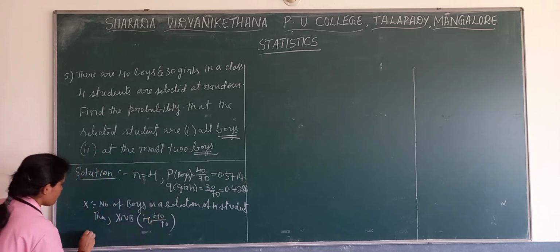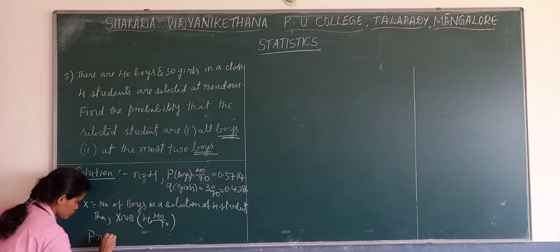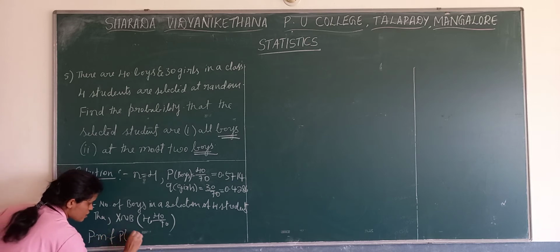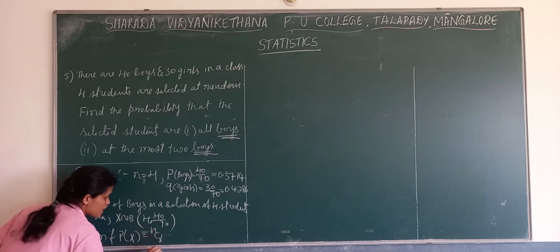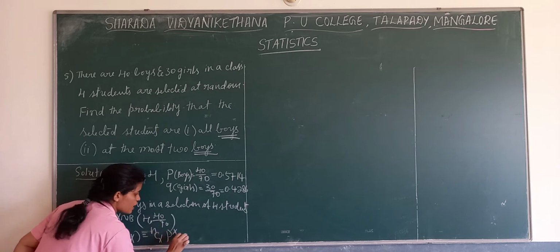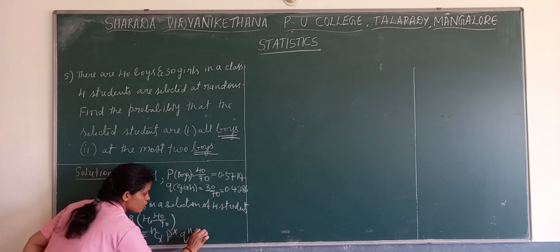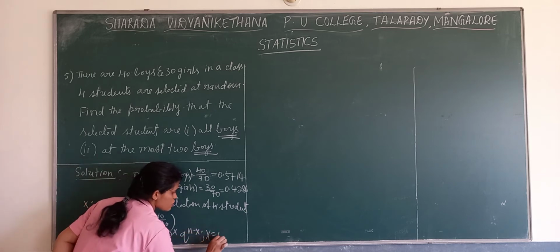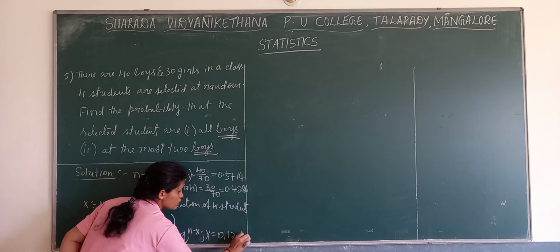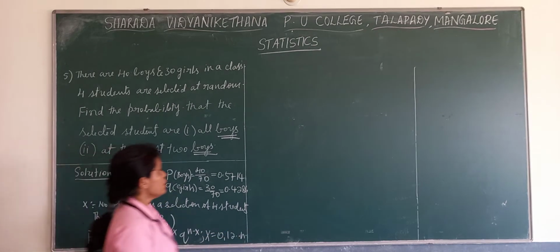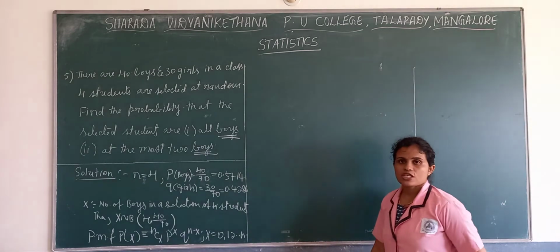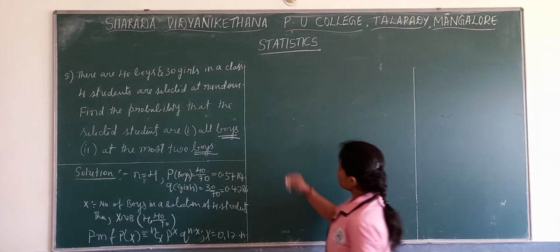Now, probability mass function. P of x is equal to nCx p to the power x q to the power n minus x, and x is equal to 0, 1, 2 till n. Now we will take the probability mass function according to this problem.